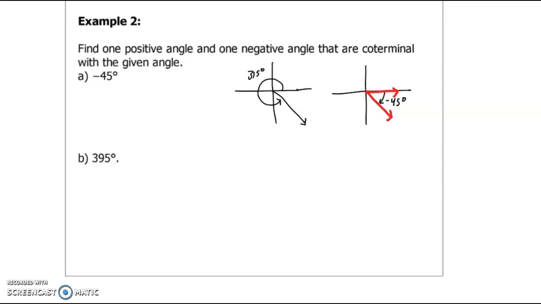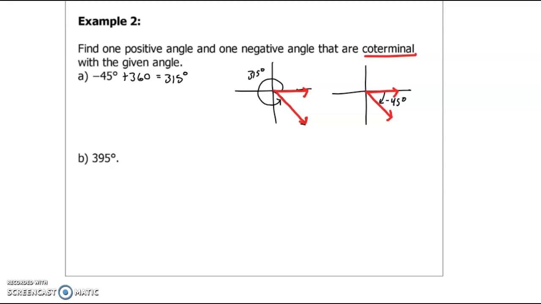Now, that would be the exact same placement of the initial side and the terminal side. They technically are different angles because direction does matter, but they are in the same place. And that's what a coterminal angle is. So you can add or subtract 360 as many times as needed. So if I add 360 to negative 45, then I'm going to get 315 degrees.